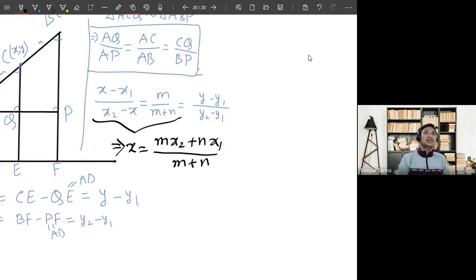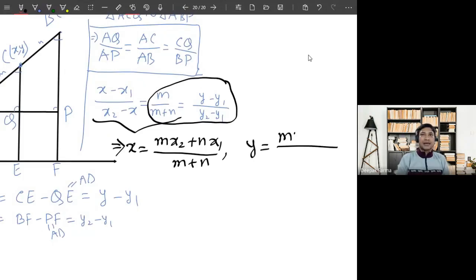Similarly, if I consider the second and third equation, then if you solve, because the expressions are similar, you get (M Y2 plus N Y1) by (M plus N). If you can solve one of them, the other is almost similar. Got it? So you can see X and Y are obtained.